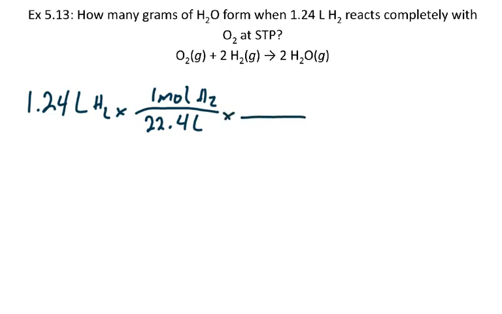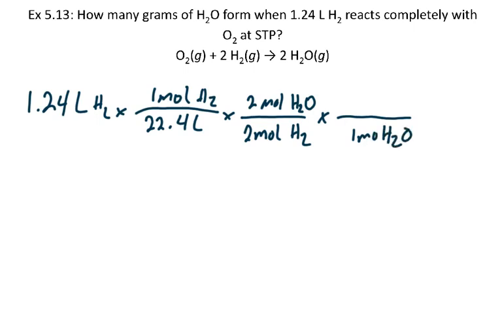We know from our balanced equation that 2 moles of hydrogen react to form 2 moles of water. And then we know the molar mass of water. So 1 mole of water weighs 18.02 grams.